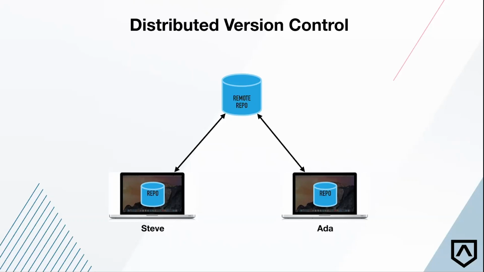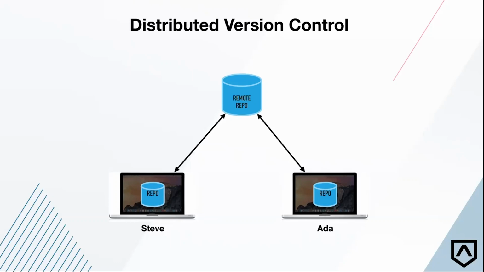Okay, so here in our example, we've got developer Steve and then developer Ada. Both of them work for, let's say, Snapchat. And Snapchat has a remote repository, right? We'll say that the remote repository is saved on GitHub, okay?